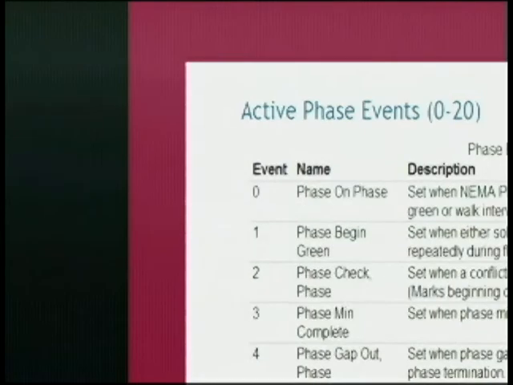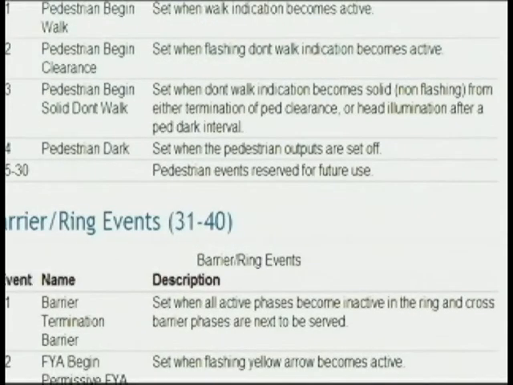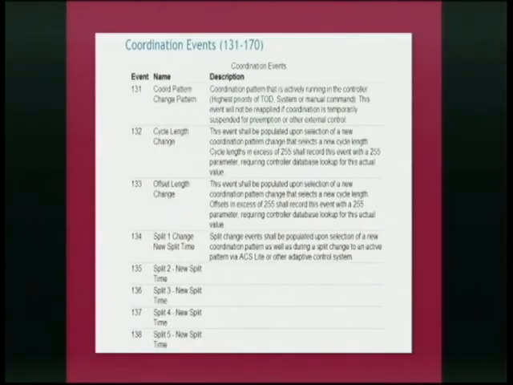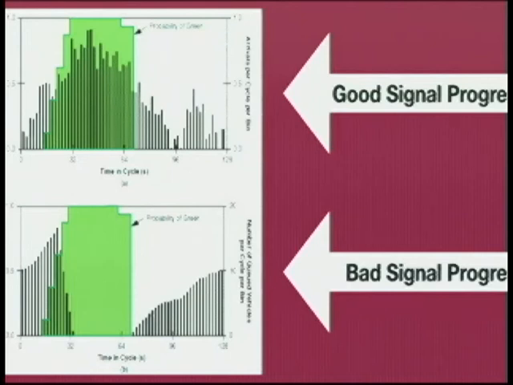And if you look here, this is why I was telling you about phases, right? And about pedestrians and rings and barriers and, this is what I deal with. Coordination. This log tells you every time a vehicle hits the detector, and when you can associate that with greens that turn on and off, you can tell if the traffic's getting there during a green or a red.